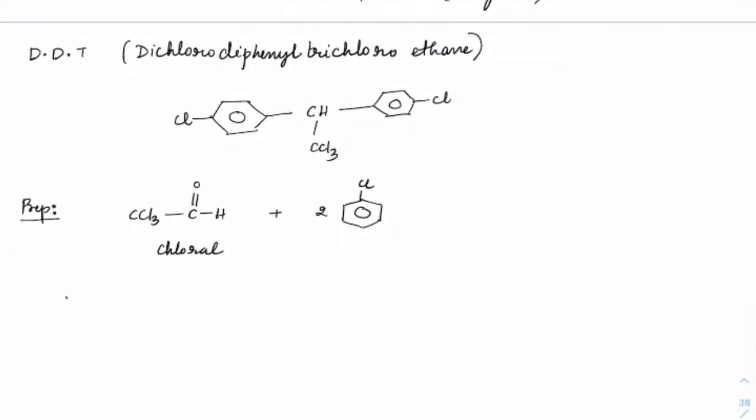So basically how the mechanism is happening, you can check it out. First we have CCl3, C double bond O, H, and the reaction is being done in acidic medium.